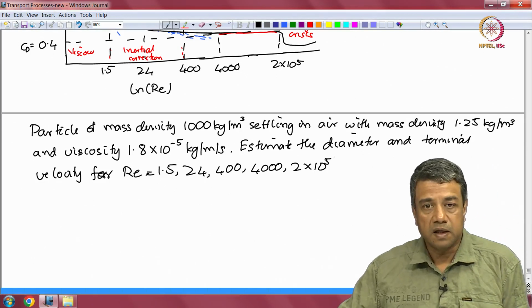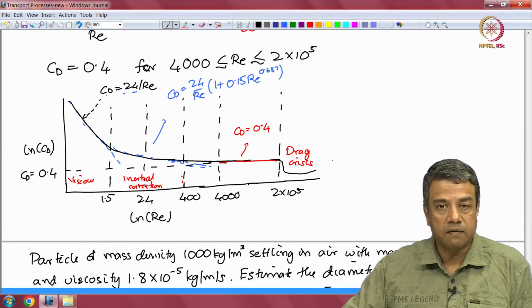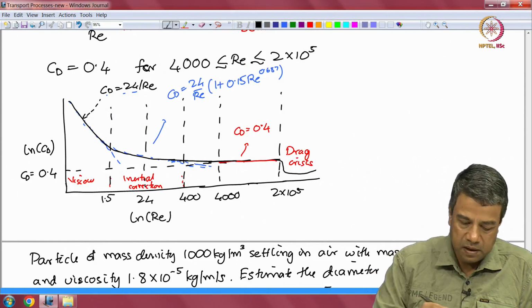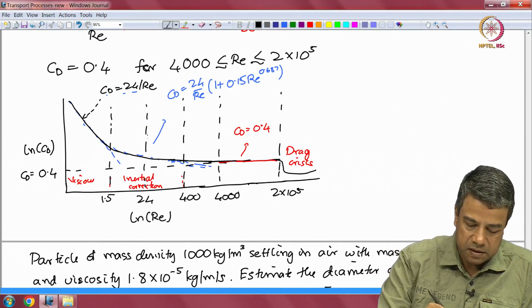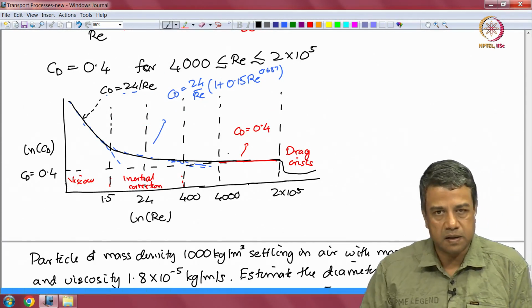That is the diameter and the terminal velocity of the particle at each of these transitions between different kinds of flow patterns.